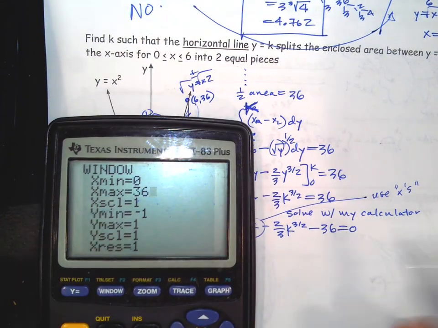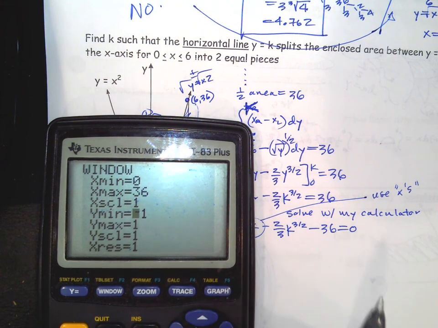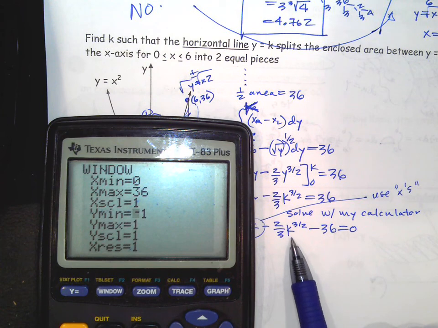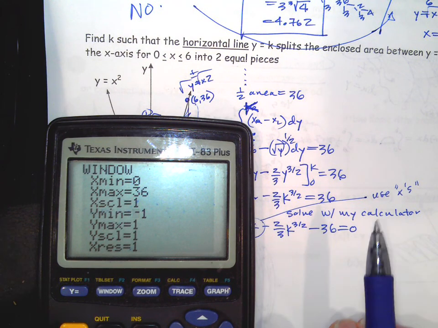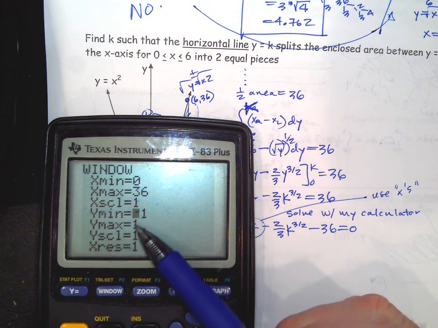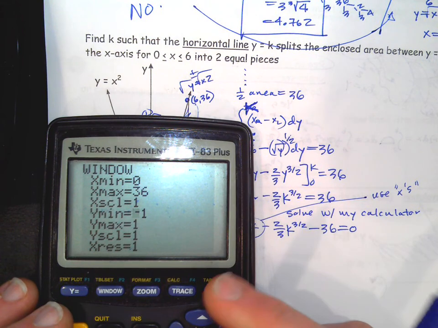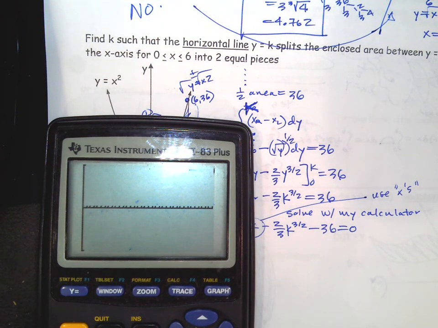That's the beauty of moving everything to one side equals 0: just look for the x-intercept. So since I'm just looking for the x-intercept, even though I know these are y's, I'll treat them like x's. I'm going to just go -1 to 1. Okay, so then I graph it, and I only expect to get one answer.